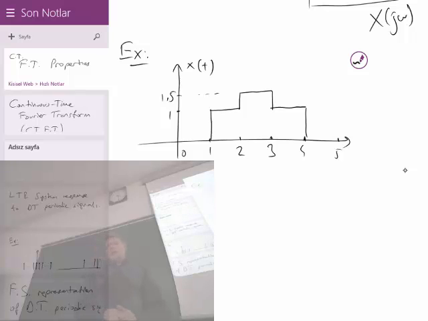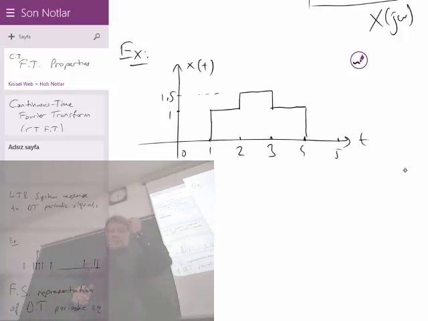So it's not a rectangular box, but it's a combination of two rectangular boxes or three rectangular boxes, whichever you may prefer. And it is not symmetric around the origin, but it is shifted towards the right. The sinc Fourier transform example was a rectangular box around the origin. Okay? This is not around the origin, it is at the right hand side. In fact, it's around t equal to 2.5.